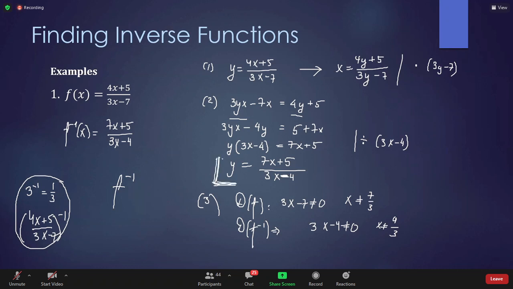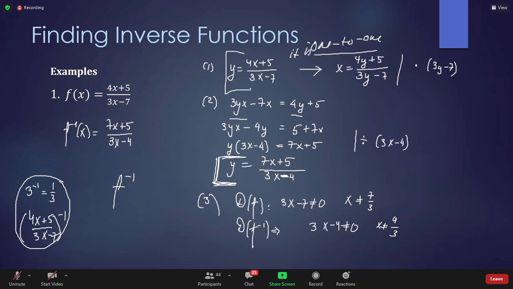This is one-to-one. Yes, this function is one-to-one, so it has inverse function with the full complete domain and range. Why this function is one-to-one, we will see at a later example. Not at this moment, but this needs to be addressed.